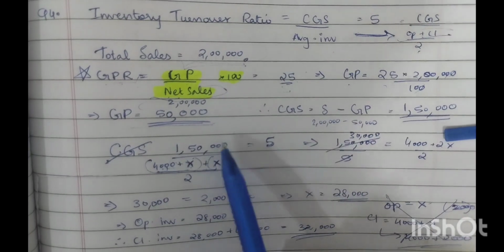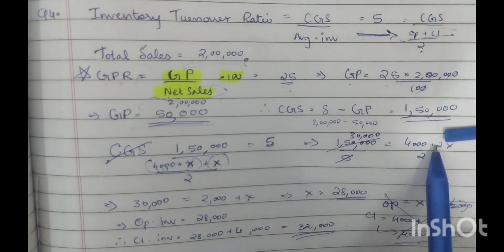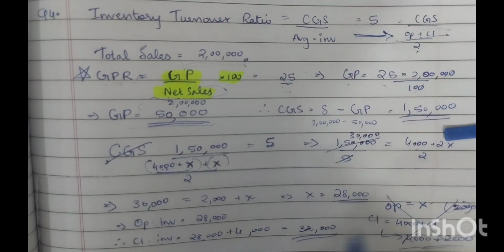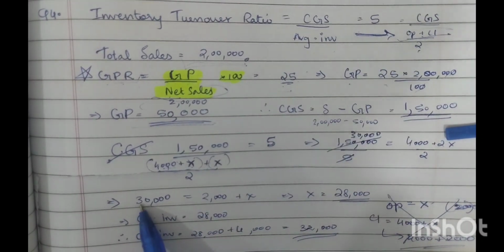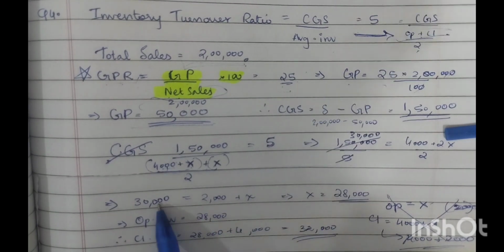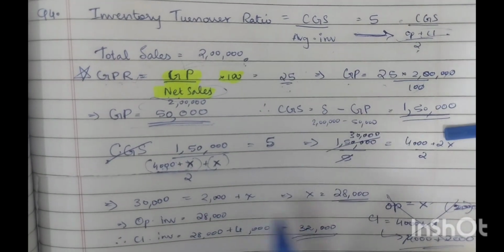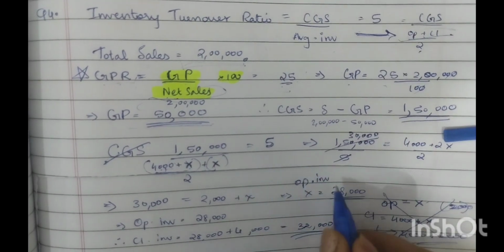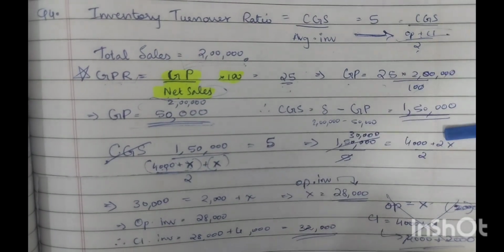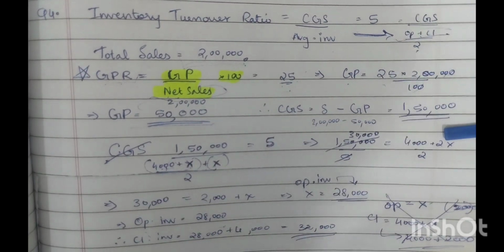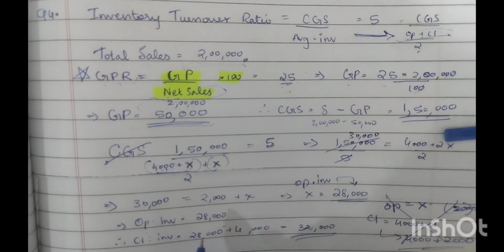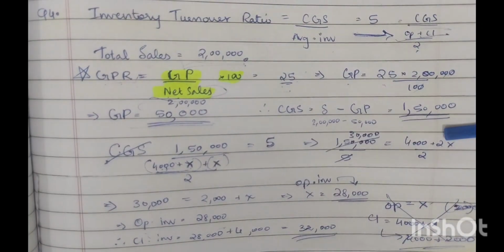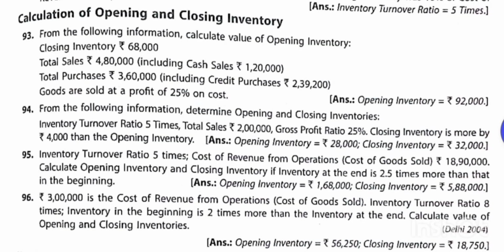So 1,50,000 by 5 is equal to 4,000 plus 2x by 2. So 1,50,000 by 5 is 30,000, equal to 2,000 plus x. So x, our opening inventory, is equal to 28,000. If opening inventory is 28,000, closing inventory would be 28,000 plus 4,000, which is equal to 32,000, and that's the answer for this question.